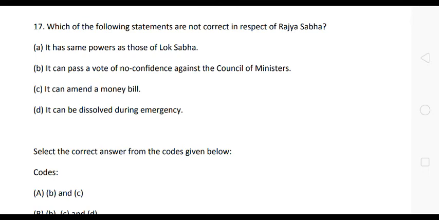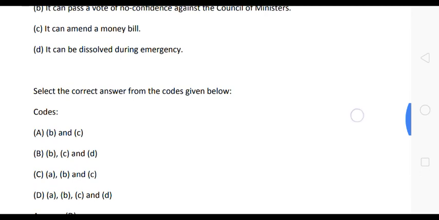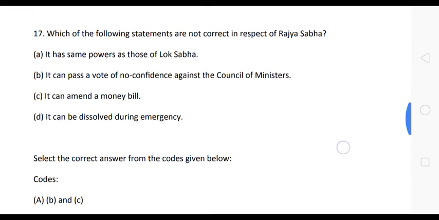This is also not correct. And statement D, it can be dissolved during emergency. This is also not correct. So here the correct answer is option D, A, B, C, D. All the statements are not correct in respect of Rajya Sabha.